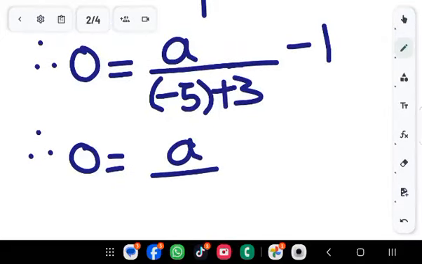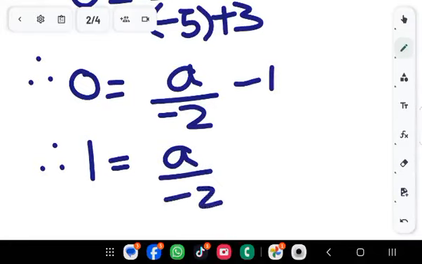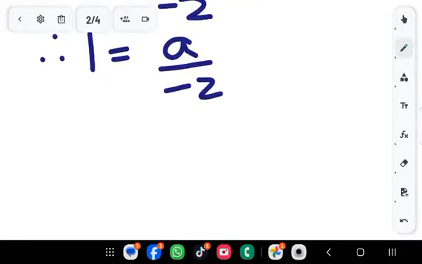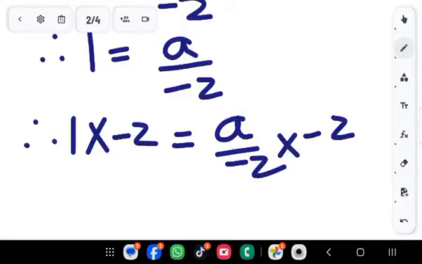That is a over -5 plus 3, that is -2, minus 1. Take the 1 to the left hand side: 1 equals a over -2. Multiply both sides by -2. Therefore 1 times -2 equals a over -2 times -2.